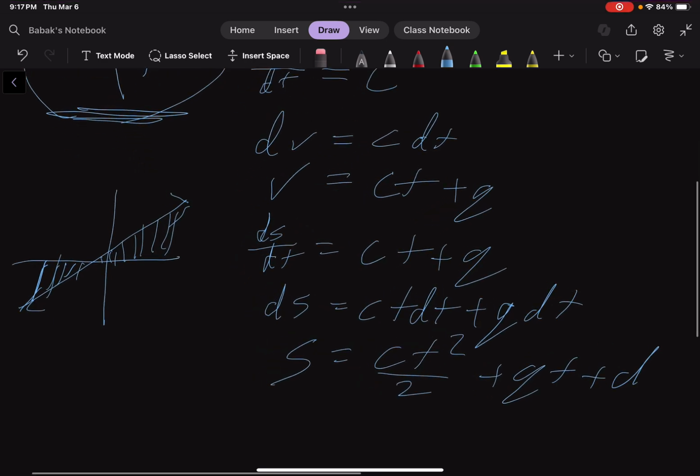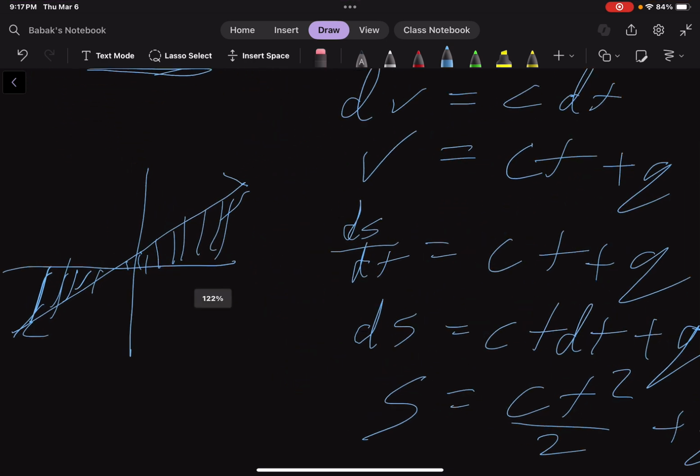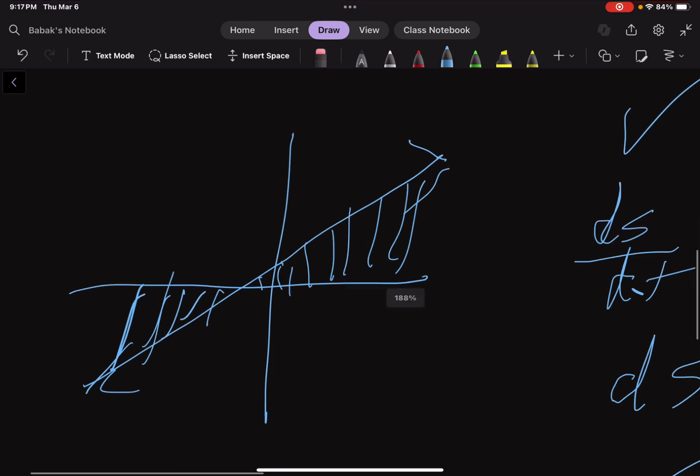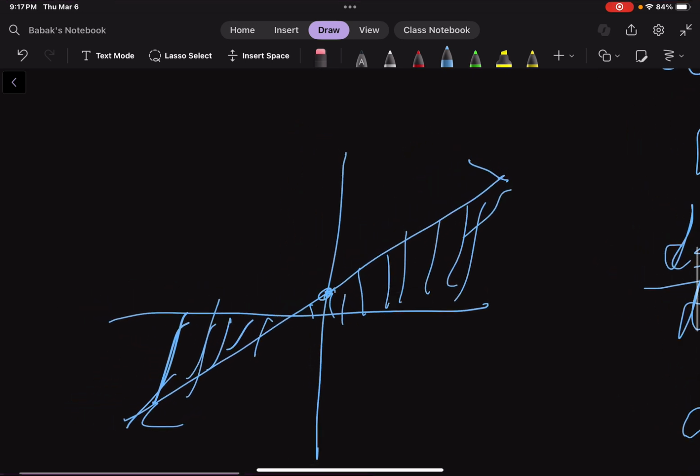Now then, although we have this equation, we may once again look to the graph. This would be q, this point here. And this point here would be, say we wish to find that time t, q plus ct.